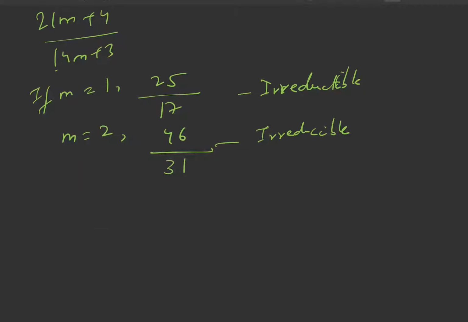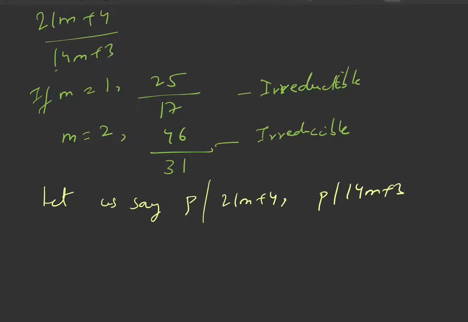So what I am saying is, let us say P is a common divisor. P divides 21m plus 4 and P divides 14m plus 3. So now I am assuming that this is reducible, because I am assuming that P is a common divisor, and P and P I can cancel. So now if P divides 21m plus 4 and P divides 14m plus 3, then P must also divide a linear combination of these.